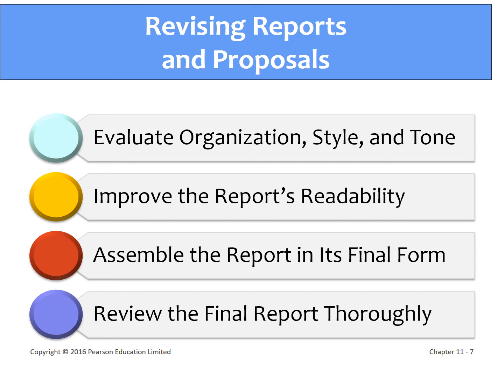When they read this report, what do they actually expect? So this is part of the revision and improving the readability of the report. Now, after this, we can also look at assembling the report in its final form.